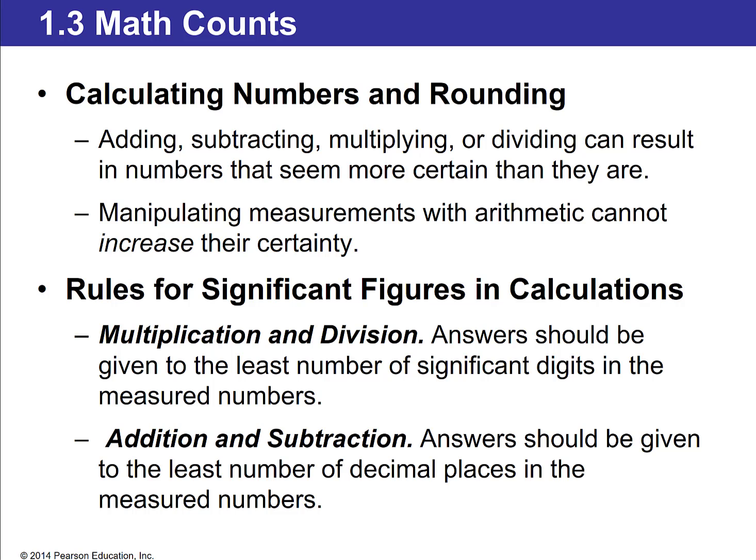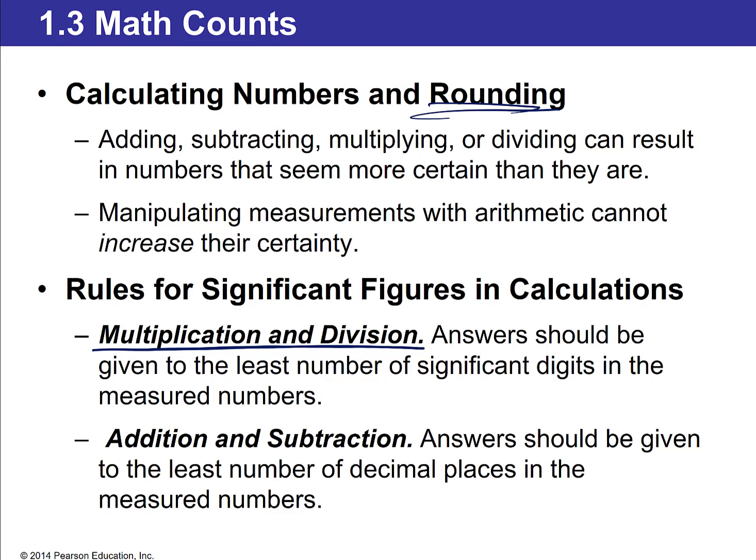So this is really where significant figures comes into play, is you're going to need to round your answers. So in rounding, you want to make sure that your answer has the correct number of significant figures based on the parts of the problem. So in multiplication and division, it's all based on significant figures.